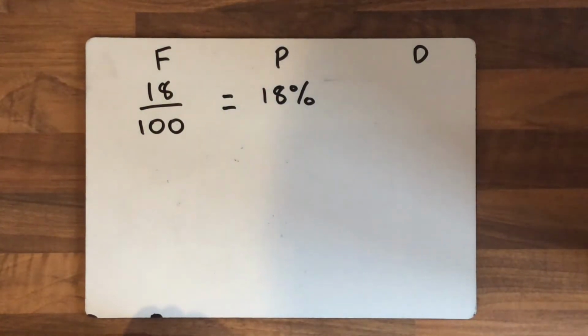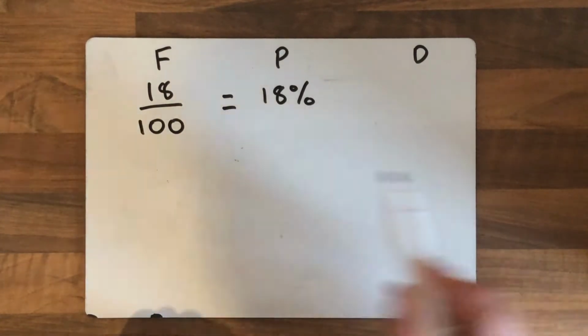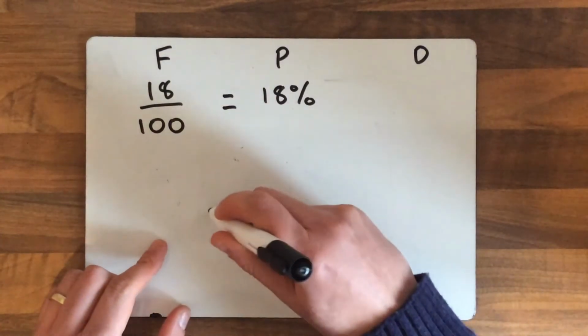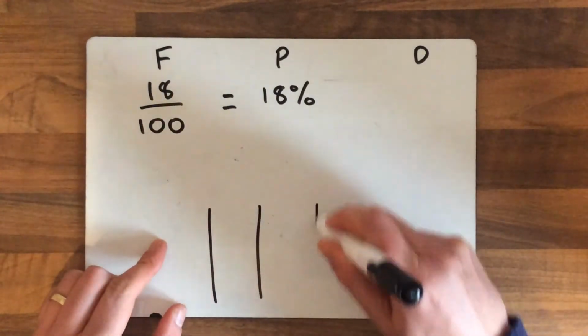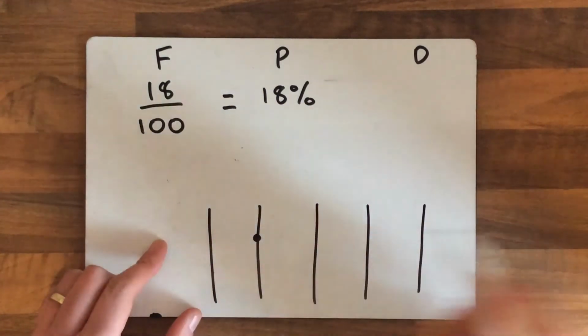Now the extra bit of learning today is putting this into a decimal. We have looked at this just before Christmas, converting fractions to decimals, and the easiest way to do this is if we were to draw a very straightforward place value chart.